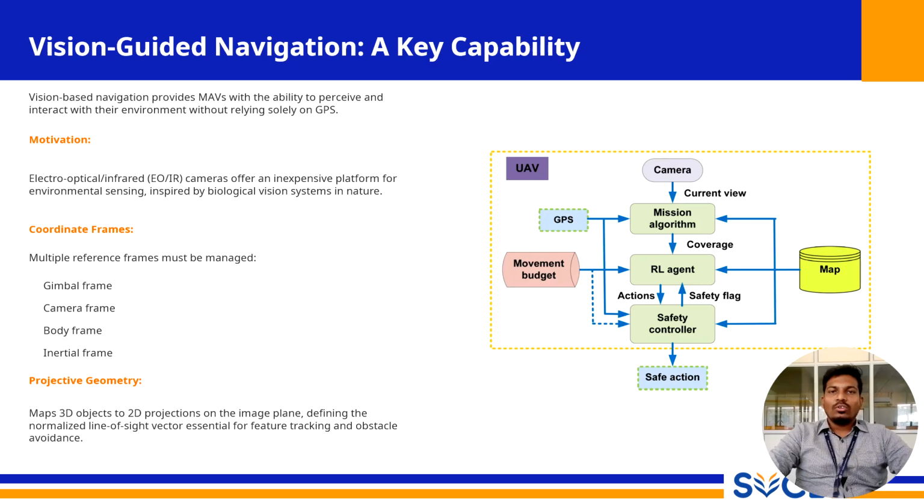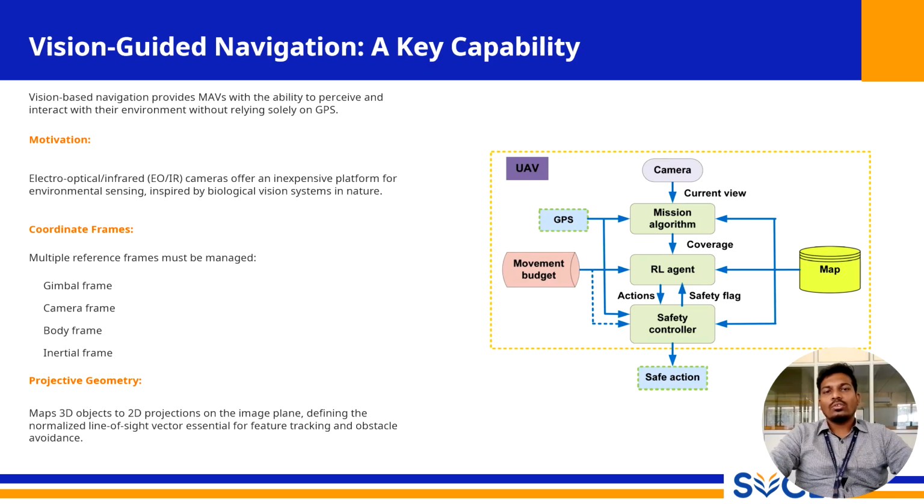However, using vision introduces new layers of complexity, particularly when it comes to geometry. To make sense of an image, multiple reference frames must be managed. This includes the fixed inertial frame, the drone's own body frame, the gimbal frame if the camera is mounted on a stabilized platform, and finally the camera frame itself, which is relative to the camera sensor.